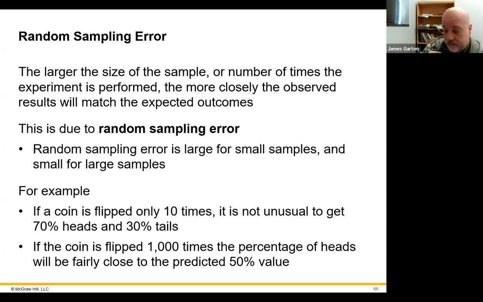If you flip it 1,000 times, you're much more likely to see that 50-50 ratio. This is why, for example, when polls are taken to predict election results, the number of individuals they sample is usually in the thousands. That's because it makes it a far more accurate predictor of the election results.